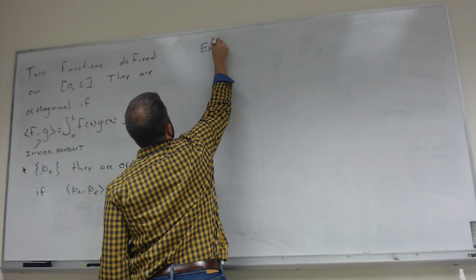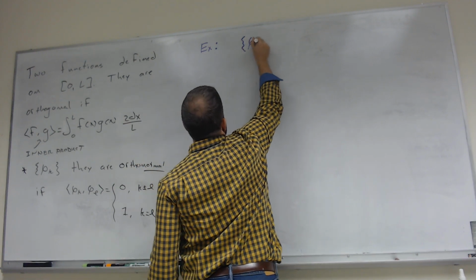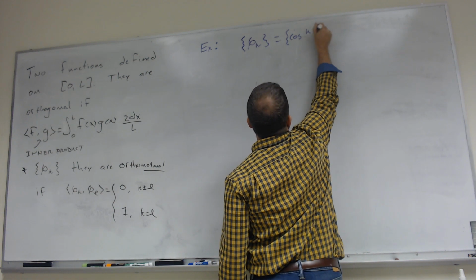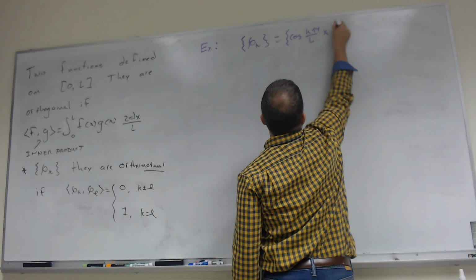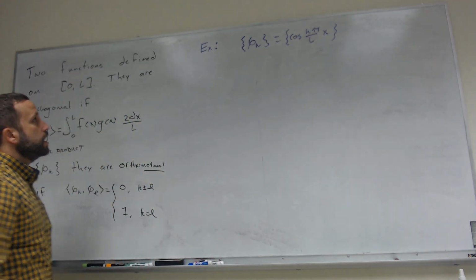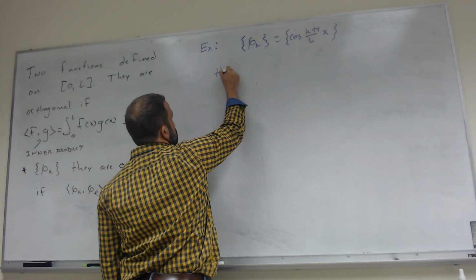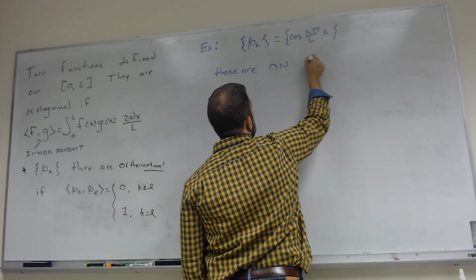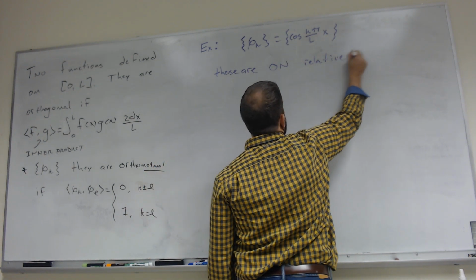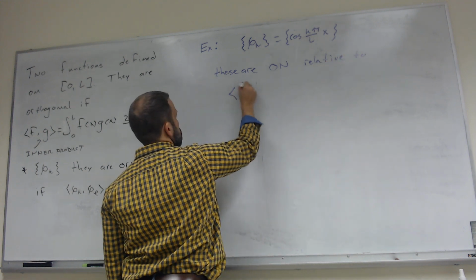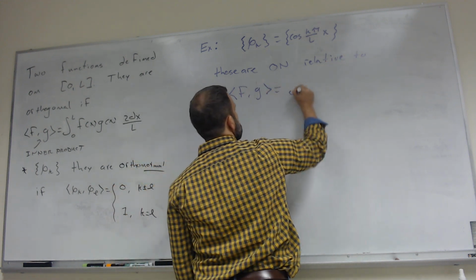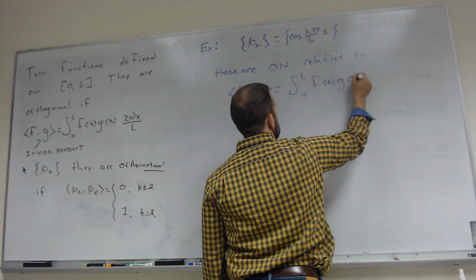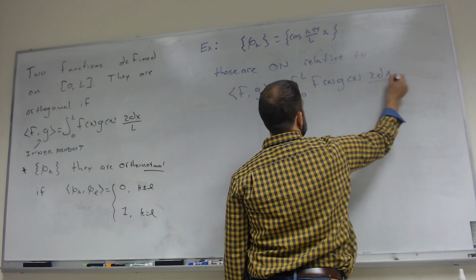For example, if the phi k's are equal to cosine of k pi over L x, these are orthonormal relative to the inner product of f and g equals the integral from 0 to L of f of x g of x times 2 dx over L.